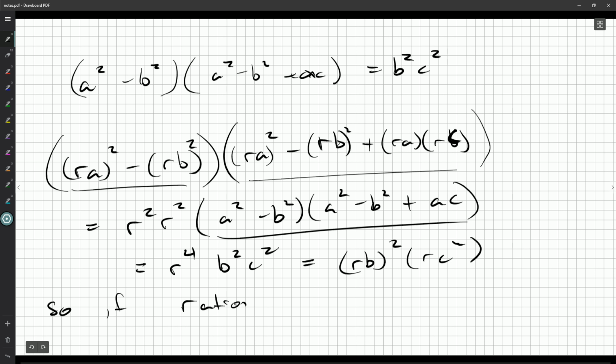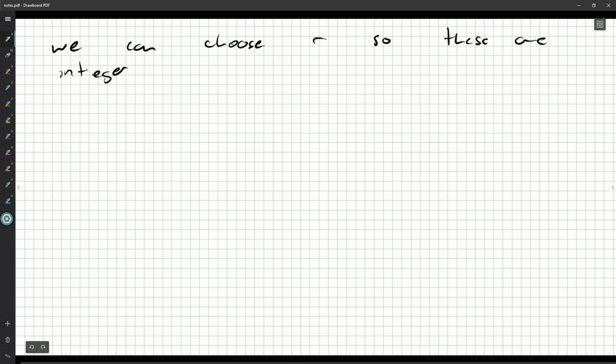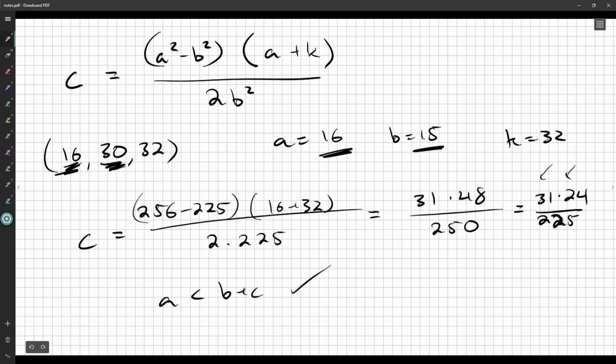So I suppose if rational a, b, c satisfy the equation, so will ra, rb, rc, and we can choose r so these are integers. So I've seen that A being 16, B being 15, and C being, what was it, 31.